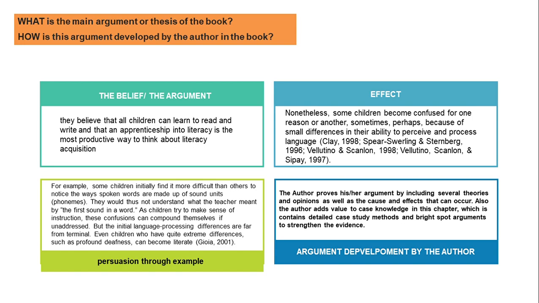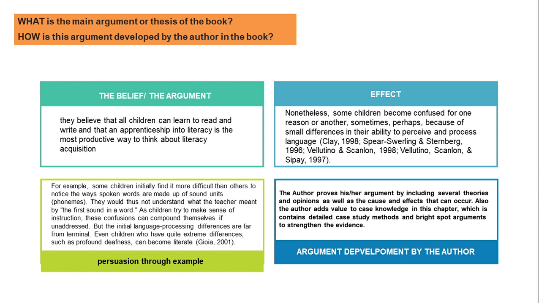Nonetheless, some children become confused for one reason or another, sometimes perhaps because of small differences in their ability to perceive and process language. And then to make it strong, the author has put the persuasion through the example. For example, some children initially find it more difficult than others to notice the way spoken words are made up of sound units, like a phoneme.